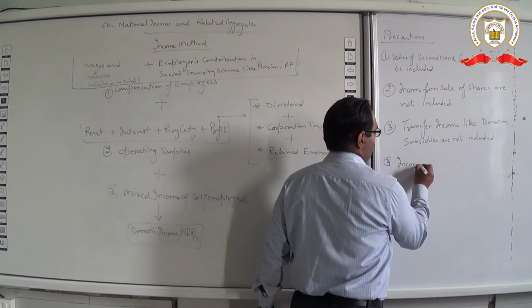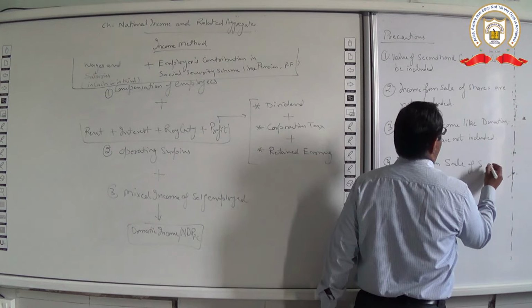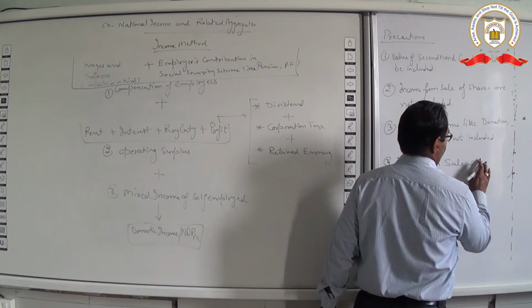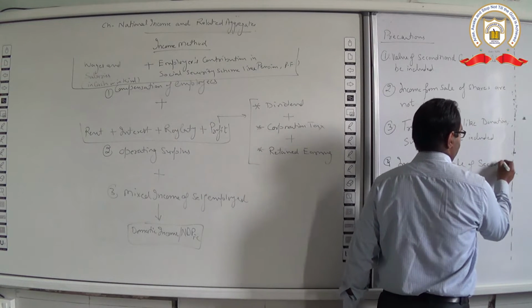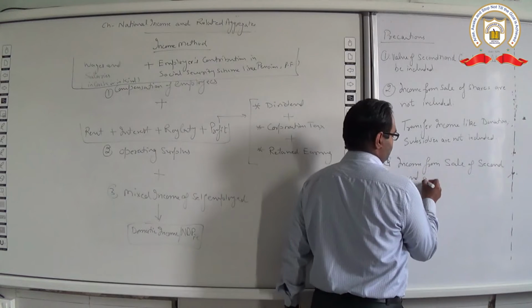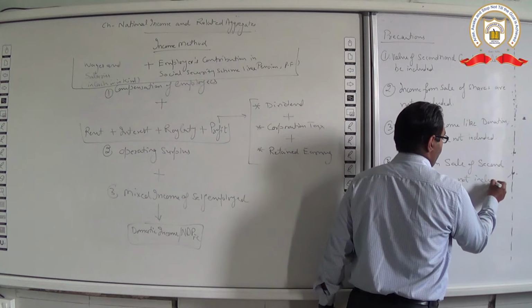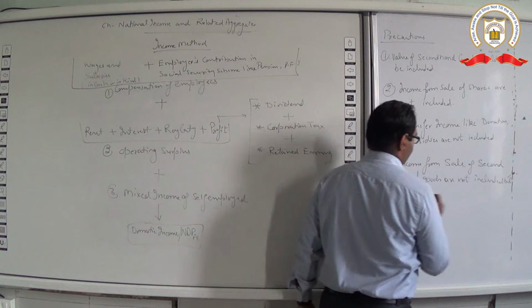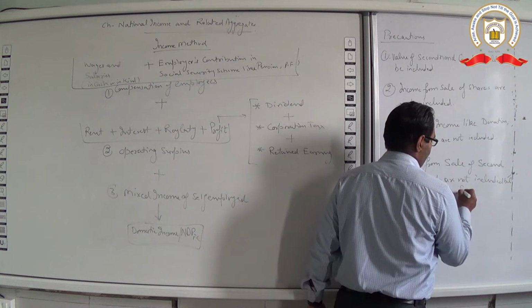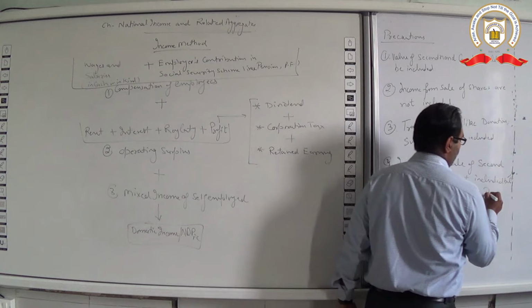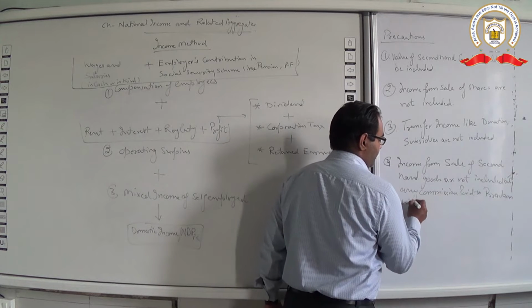Fourth, income from the sale of second hand goods is not included, but any commission paid to the broker will be included.